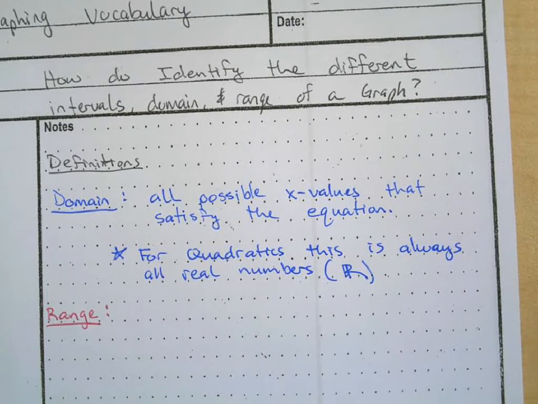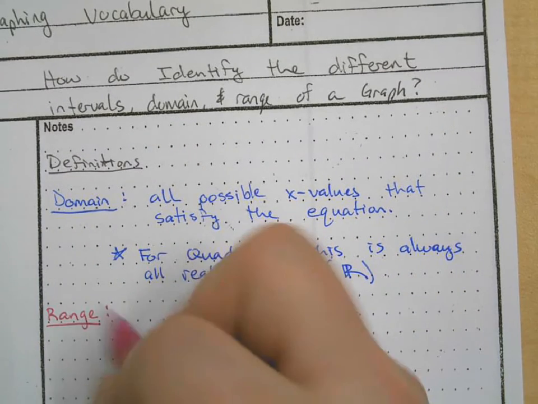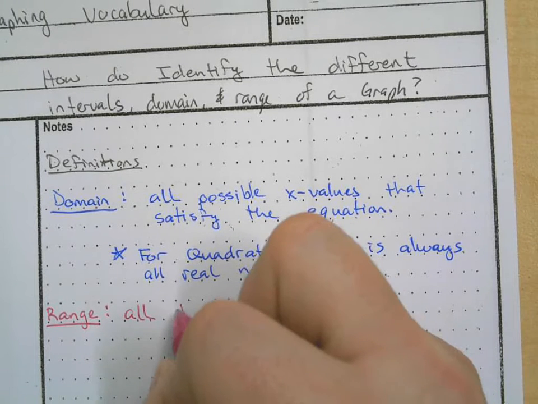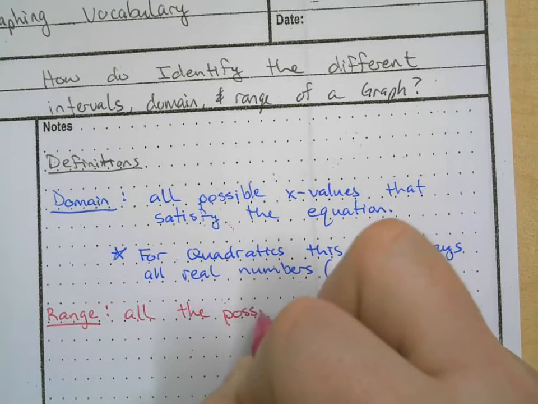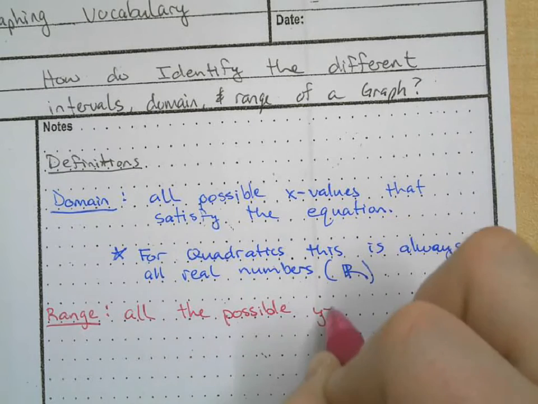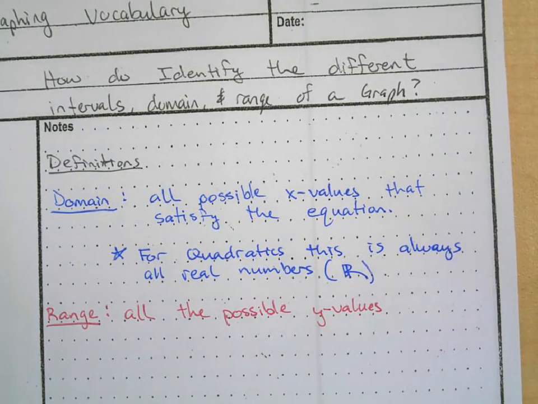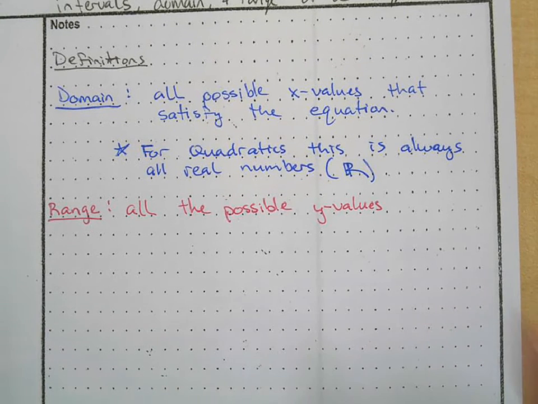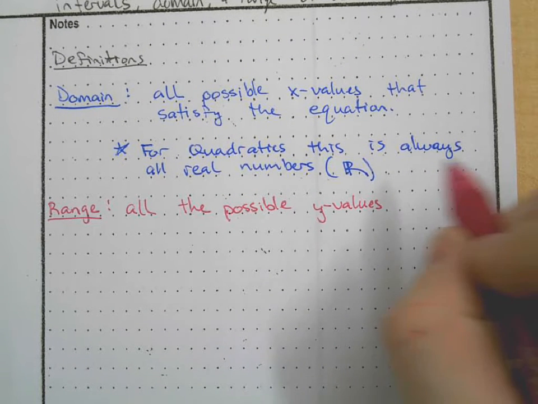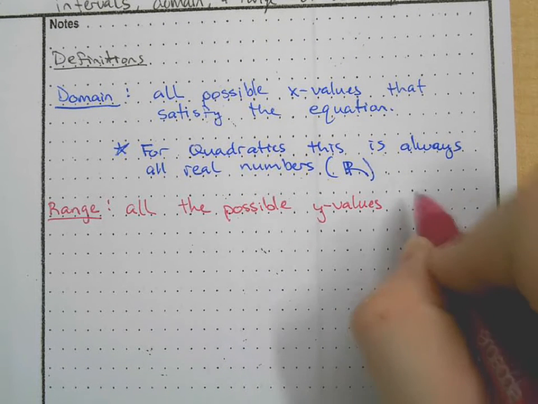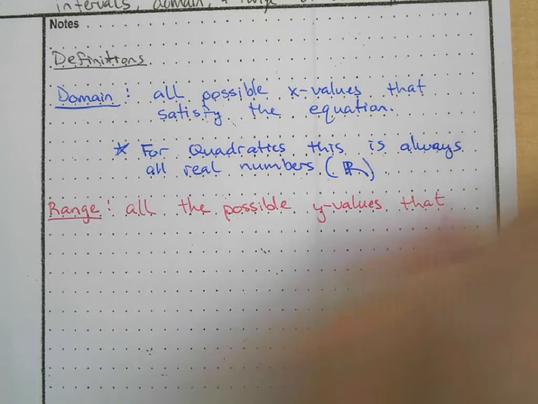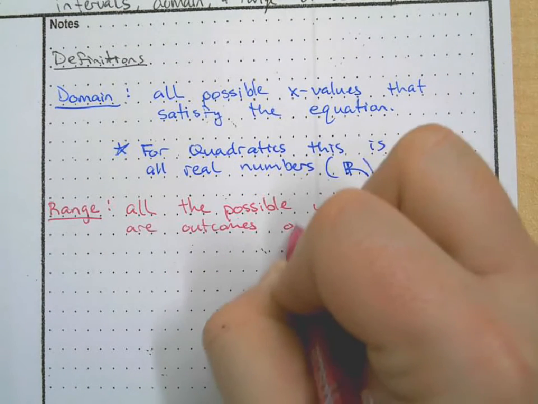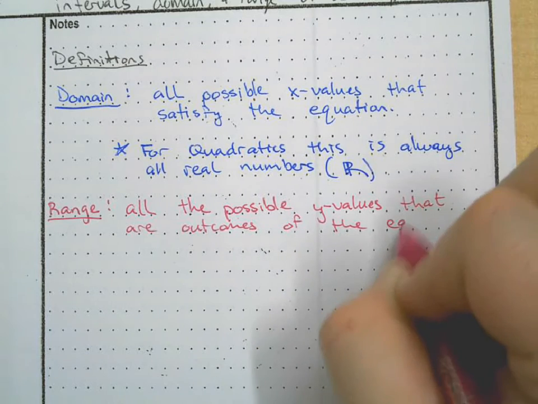Our range is all the possible y values that are outcomes of the equation.